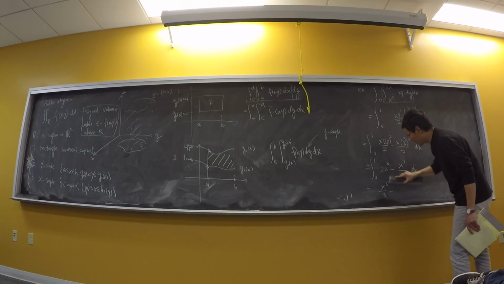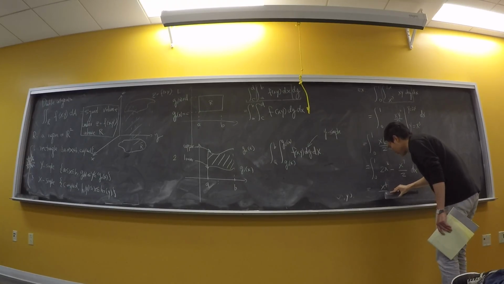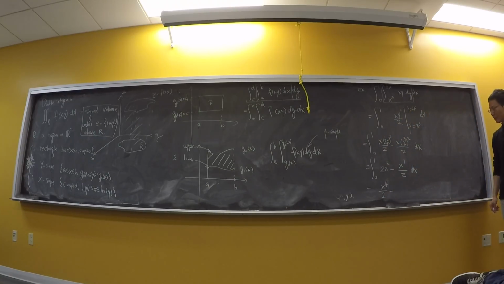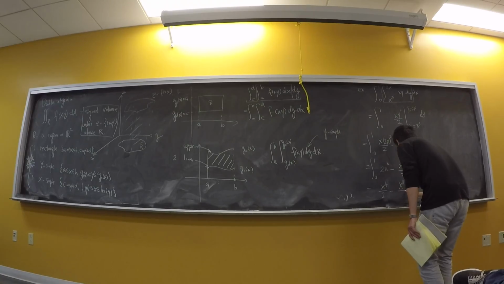So that's why I'm having x to the 4 divided by 2. Right? x to the 4 divided by 2. So that's why when I take the derivative, I pull down 4 and I get 2x cubed. And this one is x to the 8 divided by 16. Okay?